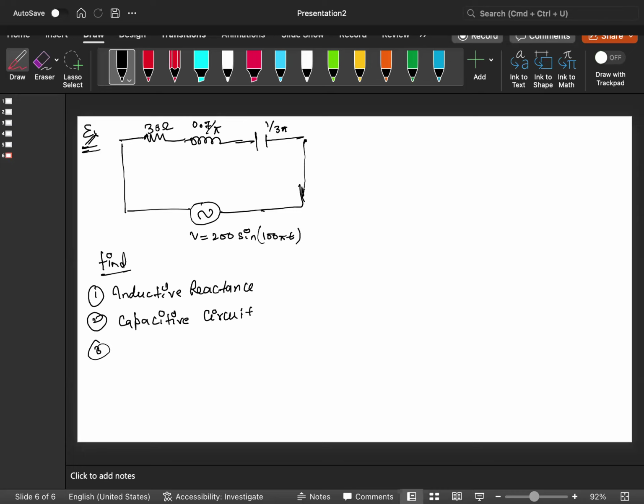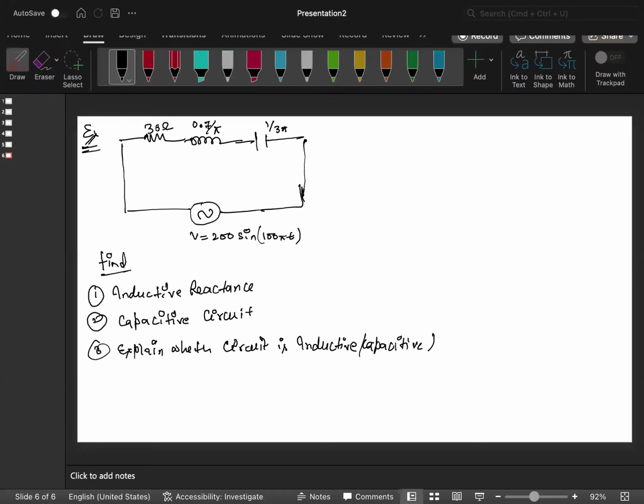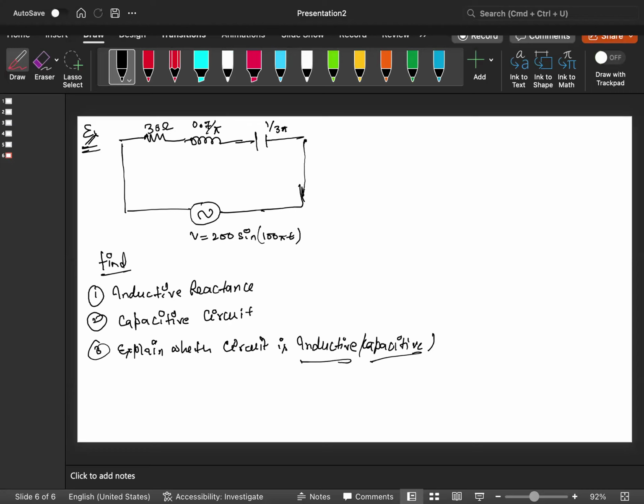Third, explain whether the circuit is inductive or capacitive. Look, the third point simply means that if you figure out the values, whichever has more magnitude, that kind of circuit it becomes. So you have three things for now.